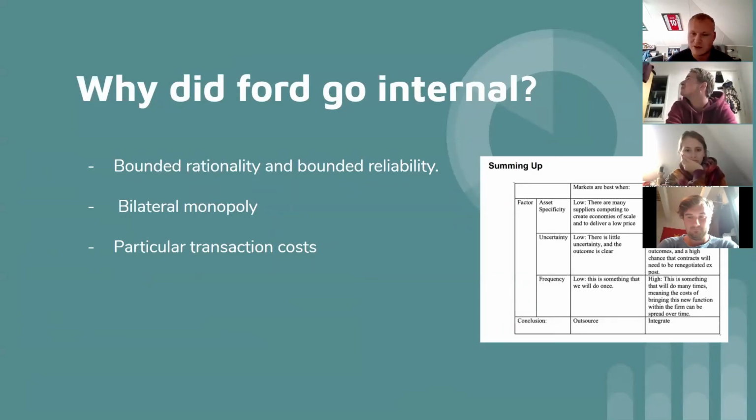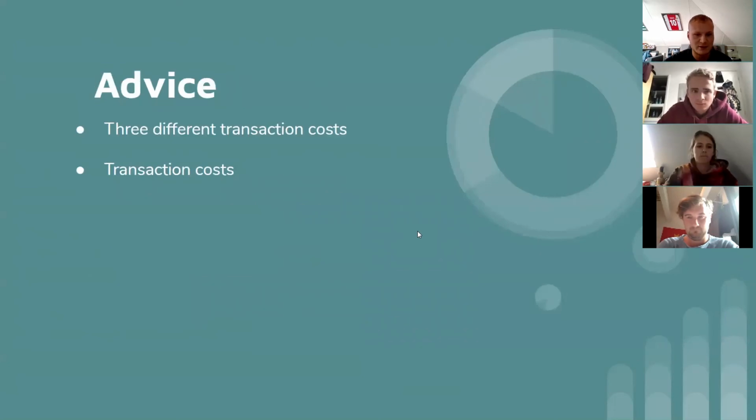There would be high uncertainty because it wasn't done before, which means that making that assembly line would mean that there is much uncertainty, many possible outcomes, and a high chance that contracts will need to be renegotiated, as I said before. And high frequency: the whole idea of Ford doing mass production was having a high frequency of cars, making sure the price of the cars was lower so that the normal citizen of America could afford a Ford car. And now I would like to give the word to Carlijn.